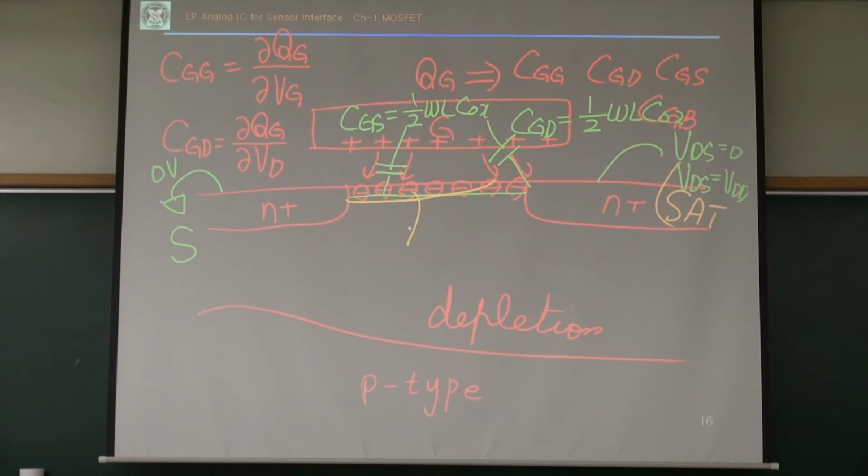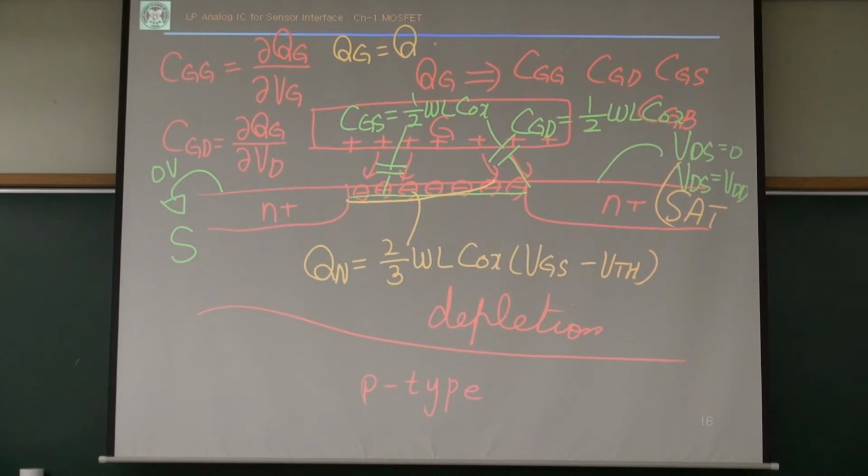So the amount of this charge is around 2/3 WLCOX (VGS minus VTH). This is the amount of inversion channel charge. Okay, my QG will be the sum of this inversion channel charge plus this depletion charge. Depletion charge is here, Q depletion. So this QN has no drain source term, right?